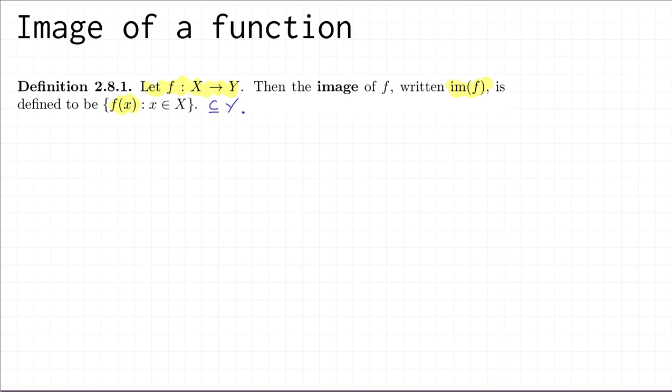Let's take, for example, f from the real numbers to the real numbers. So the codomain of f and the domain of f are both the set of real numbers, and the rule is f(x) = x squared. Alright, so the image of f is the set of all things x squared for a real number x.